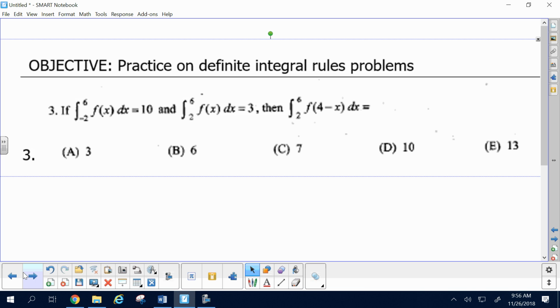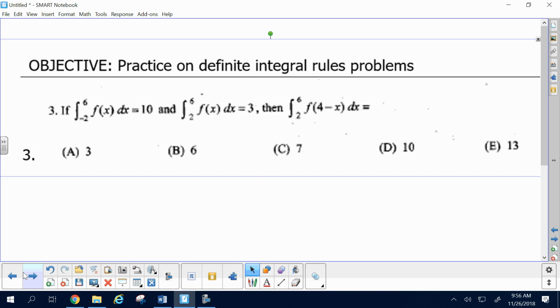So getting you started, the question involves a function within a function, yes? Yes? Okay, 4 minus x inside x. What's the technique for dealing with an integral when you have a function within a function? U sub, it's U sub, okay? So if you're not starting off with the U sub, start off with the U sub.